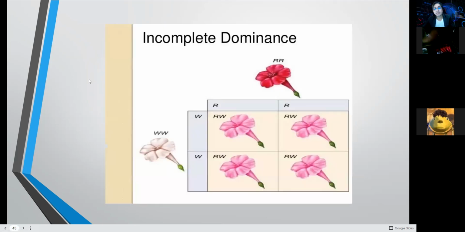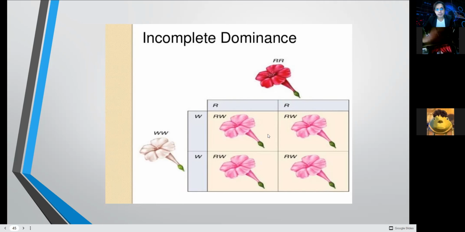One good example is a cross between a red gumamela and a white gumamela. It covers up the expression of red and the expression of white, creating all pink.